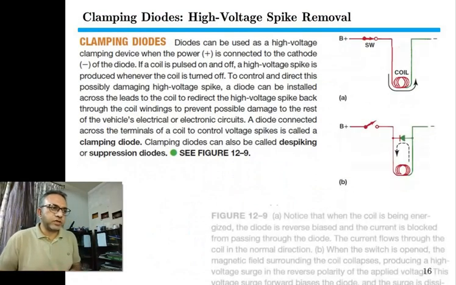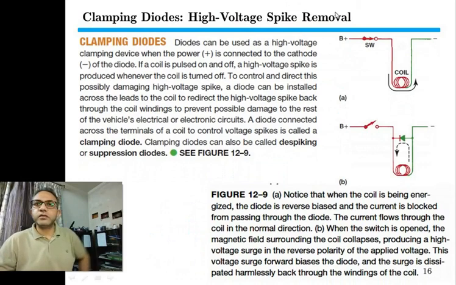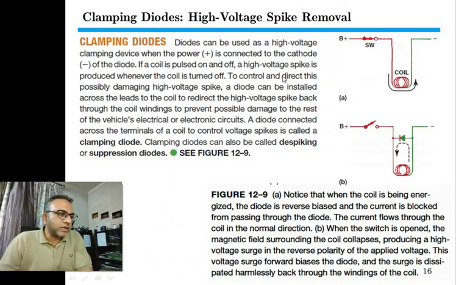This application is called clamping diodes, that is, diodes being used to remove high voltage spikes. We will look at the conditions when high voltage spikes are produced, and then we will look at how the diode will help to reduce or even sometimes totally eliminate high voltage spikes.